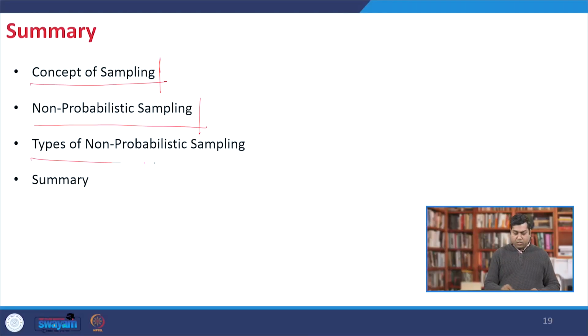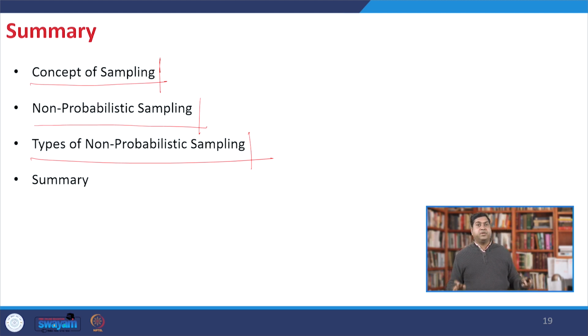And we have discussed all of them with their issues, say the biasness and the representativeness, but they are useful. Already we have understood that for a small sample requirement, or for initial exploratory research, or for the initial phase of your research, these are very useful.